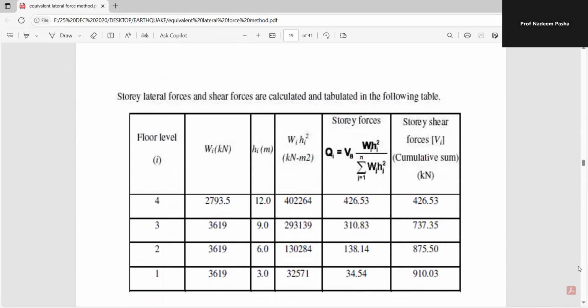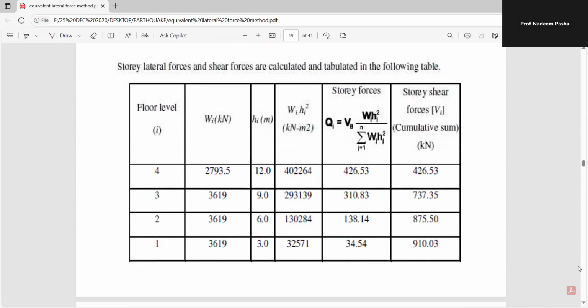Lateral forces and shear forces are calculated and tabulated in the following table. So 1, 2, 3, 4 is the floor level, and these are the loads in kilonewton, and these are the values of hi. So Wi hi is equal to this much. So the story forces Qi is equal to VB into Wi hi squared divided by summation of Wi hi squared. So the story shear force, cumulative sum, comes out to be this much.